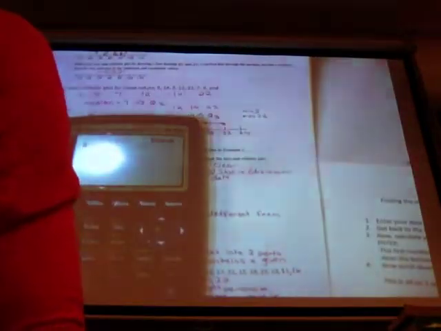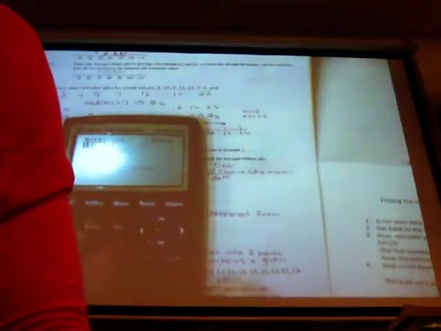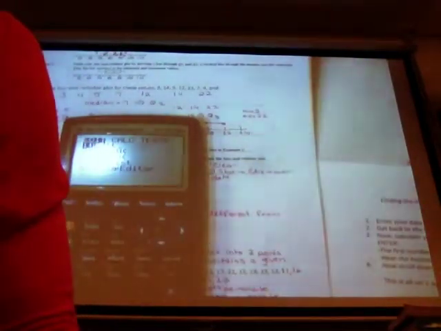And you enter your data. Now that we're out of that fine print, there we go. Enter data. So if I'm going to enter these numbers down here, I'm going to go to Stat right here. I'm going to Edit.